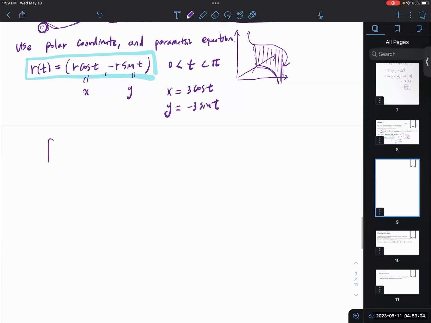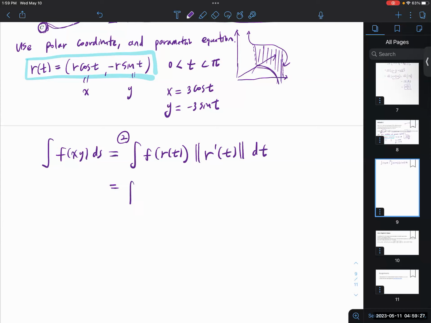So the area, let me see that information. One of the equations is the integral of the absolute value of f(r(t)) times r'(t) dt. So we're going to use the second equation. Therefore, we have f(r(t)).